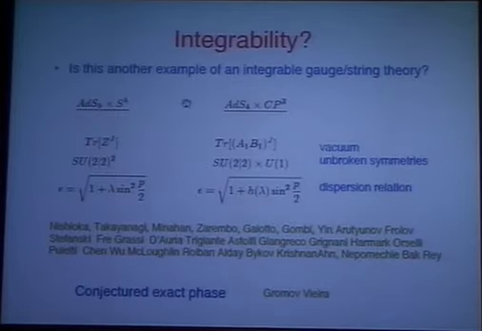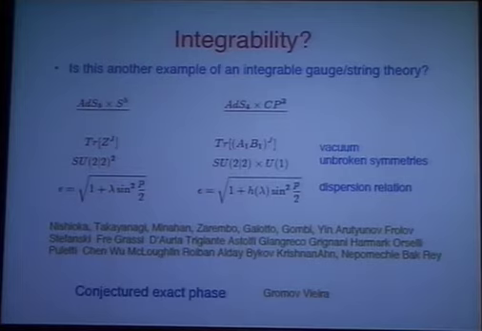Now, an interesting aspect of this story is the fact that string theory on this background, and similarly the gauge theory, appears to share many similarities with AdS5 cross S5. And in particular, this theory is classically integrable, so you would like to understand whether you can repeat the whole program that was done for AdS5 cross S5 and find another example of an integrable string theory or an integrable gauge theory, string theory duality.